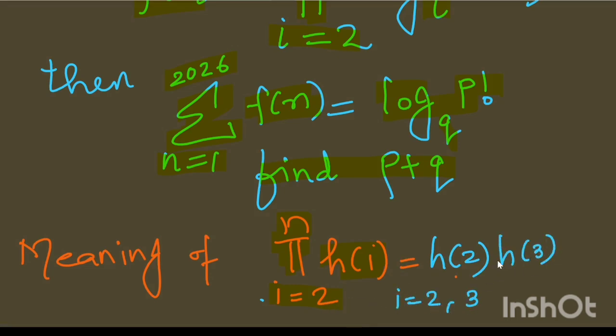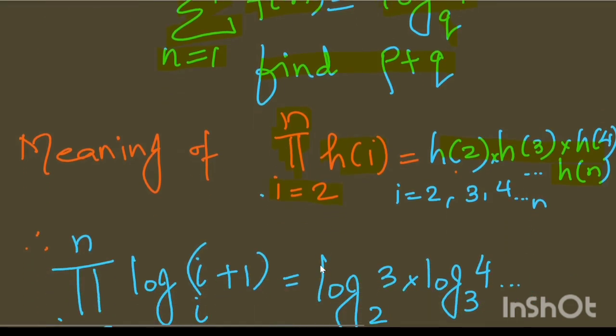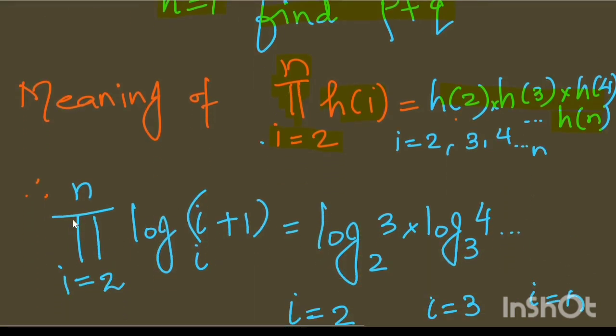They all would be in product. h2 multiplied by h3, then we will substitute 4, so we will get h4, and so on till the last value n. So finally hn. So all these terms h2 till hn would be in multiplication, guys. That's the meaning of this. So similarly, the meaning of product i equal to 2 to n of log i plus 1 by i. So if you substitute 2, i plus 1 will give 3, base will give 2.